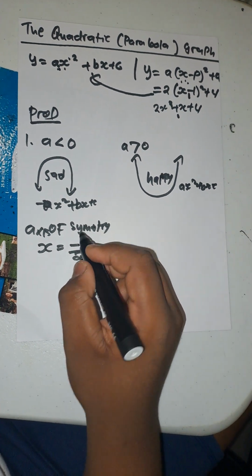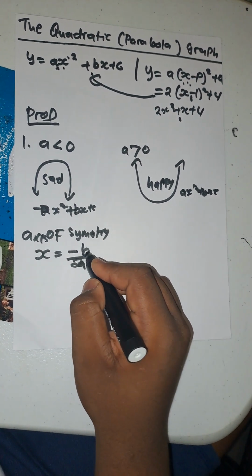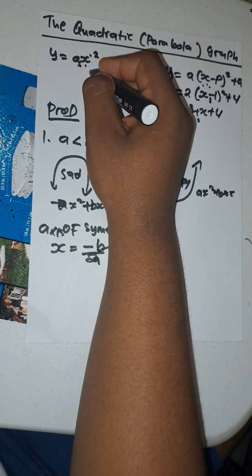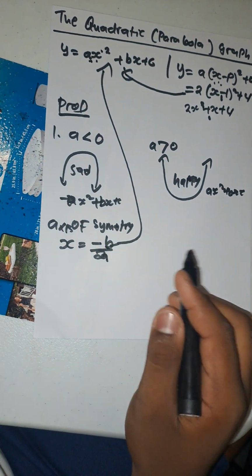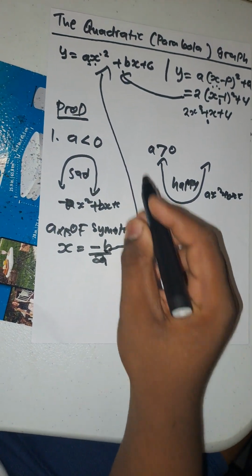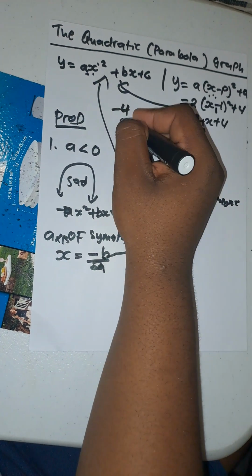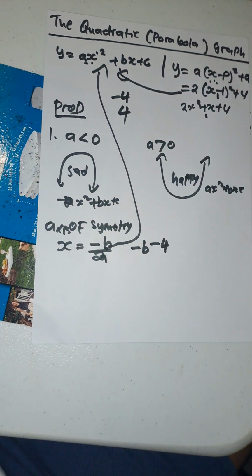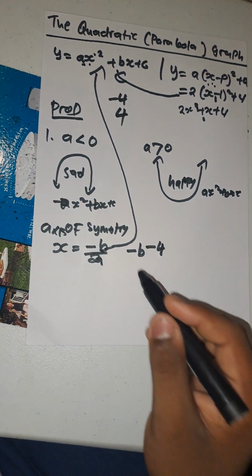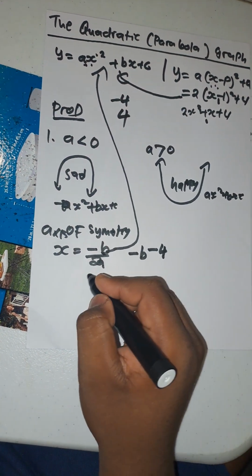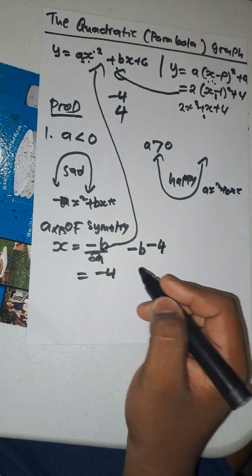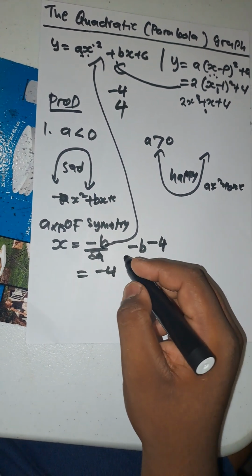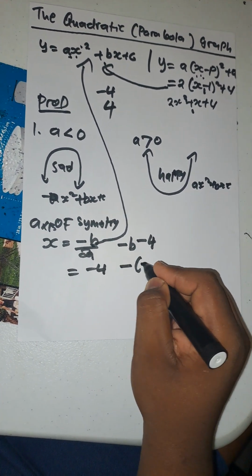So what is the negative b? Everything is from this formula. When they say negative b, they mean, if it was positive 4, we are going to say negative 4. But if it was negative 4, you're going to say minus negative 4.